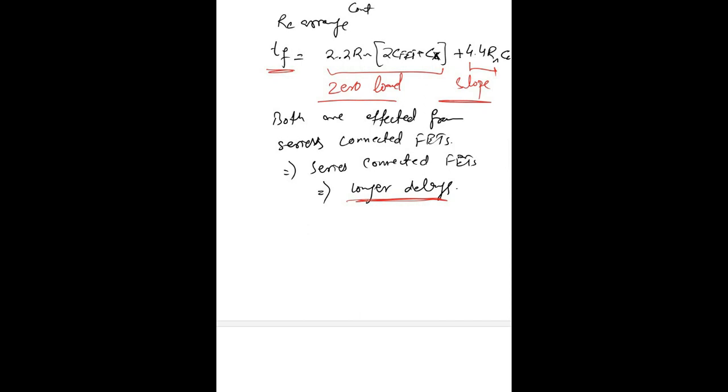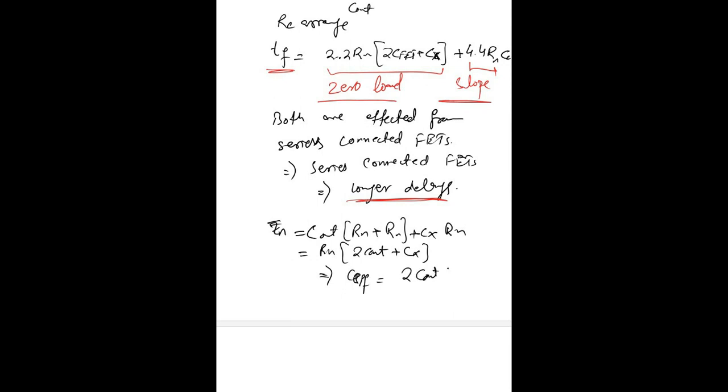If we rewrite the expression for tau N, tau N was equal to C out Rn plus Rn plus Cx Rn, or if we rewrite this expression as Rn (2C out plus Cx), here we can say that the effective value of our capacitance is 2C out instead of C out.